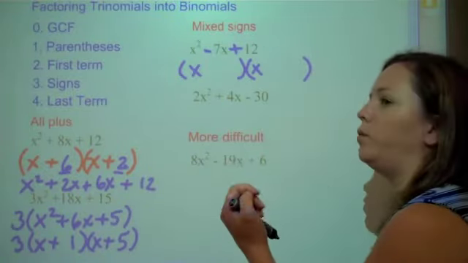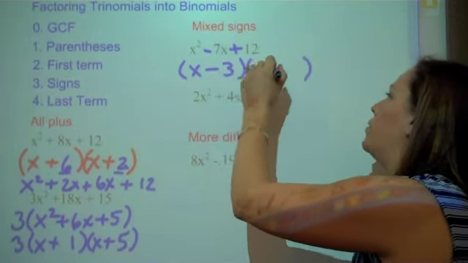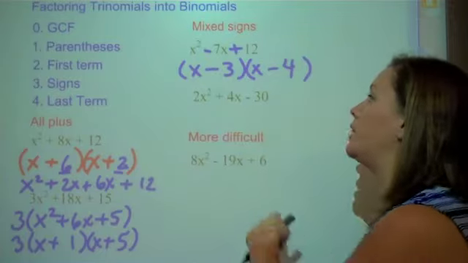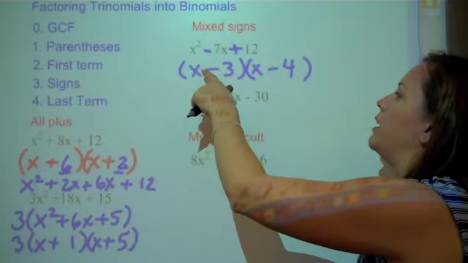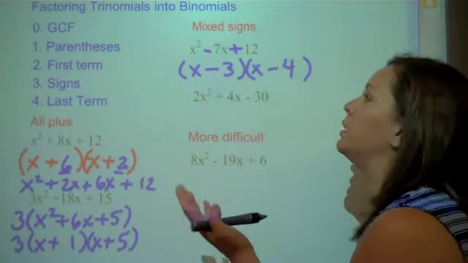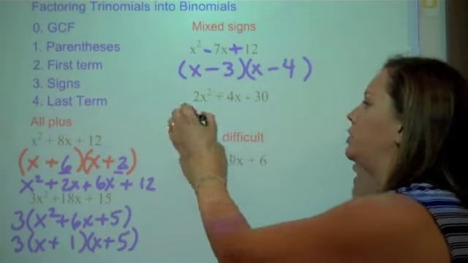So thinking about 12, we have 1 and 12, 6 and 2, or 3 and 4. 3 and 4 add up to 7. And so to add up to negative 7, we want negative 3 and negative 4. So my middle terms here would be x squared minus 3x minus 4x, and then negative 3 times negative 4 is positive 12.